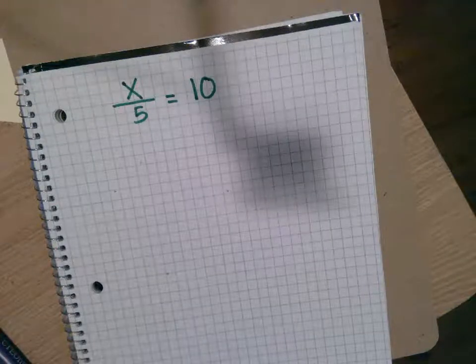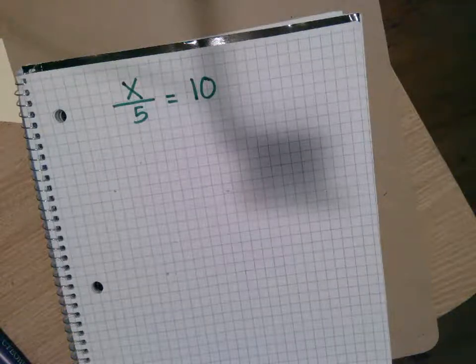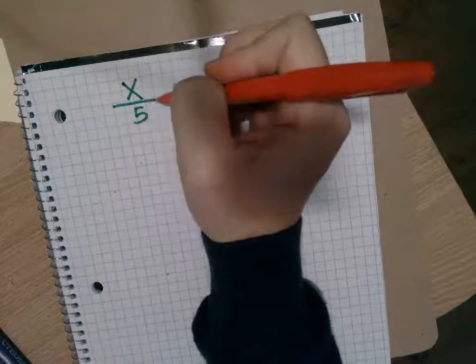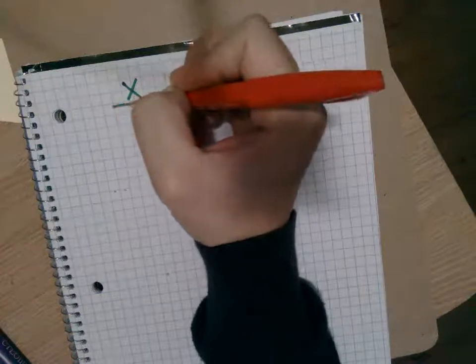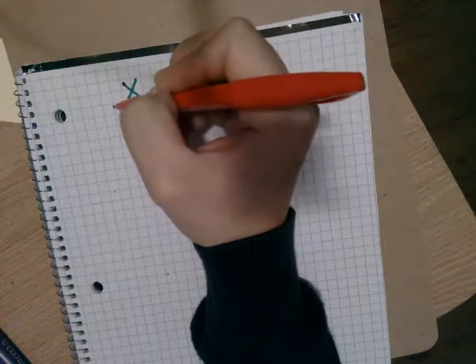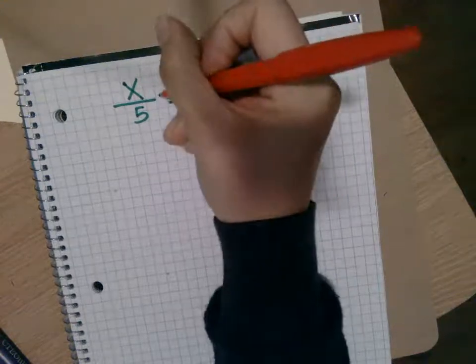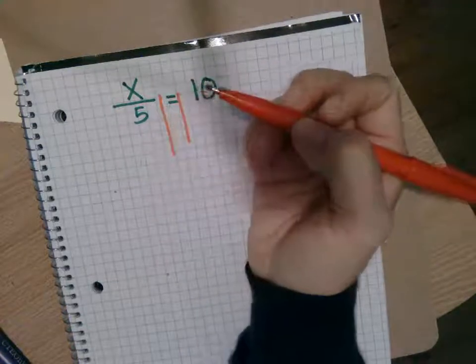The answer's 2. And I go, uh-oh, you didn't show your work correctly. So, what does this line mean in math? What operation is this line? Division. So that means I'm taking the variable and I'm dividing by 5. So what's the opposite of division?